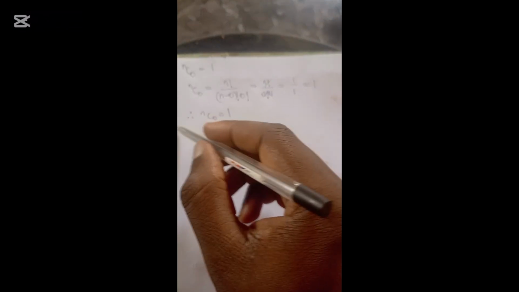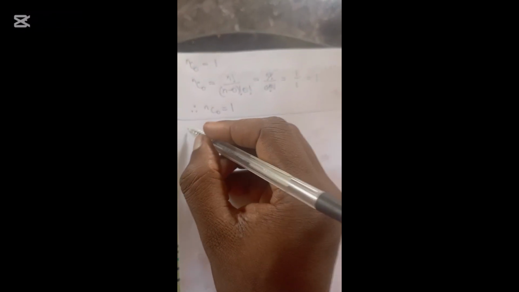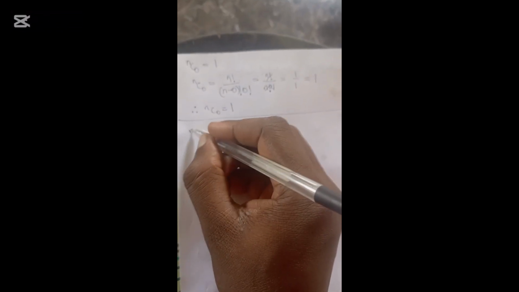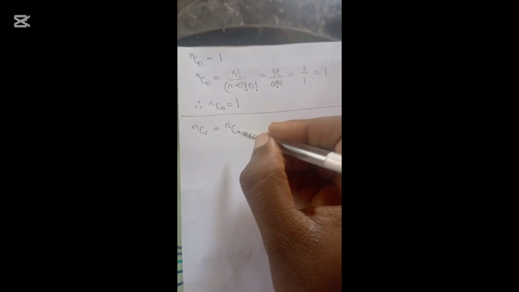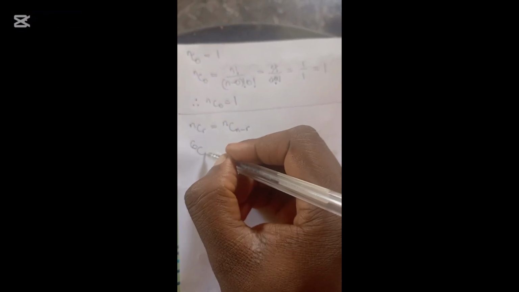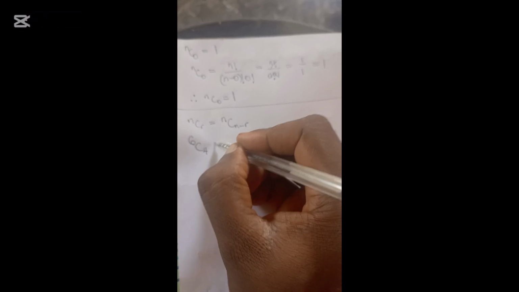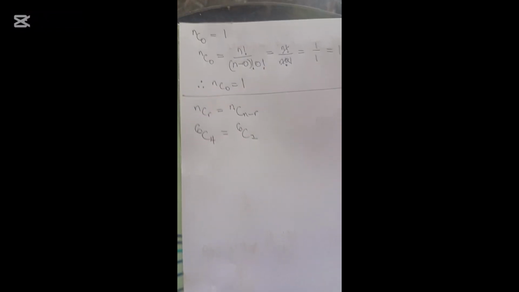So then the second proof, which is the second property, which is that n combination r is equal to n combination n minus r. You may have noticed this, that when you have 6 combination 3 or 6 combination 4, this will also be equal to 6 combination 2.